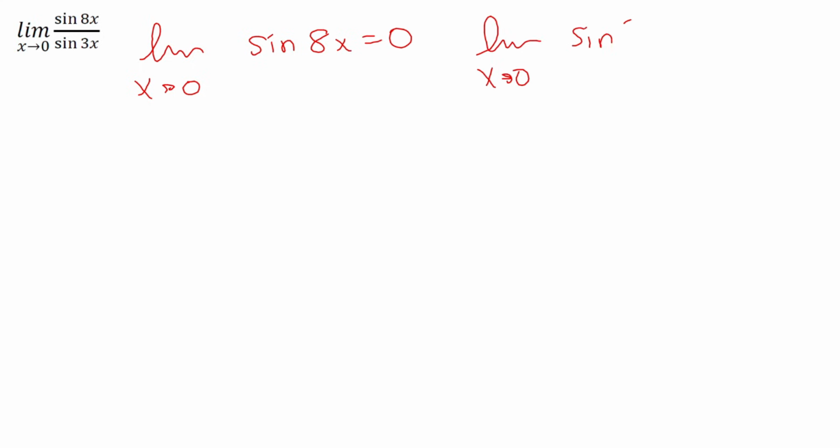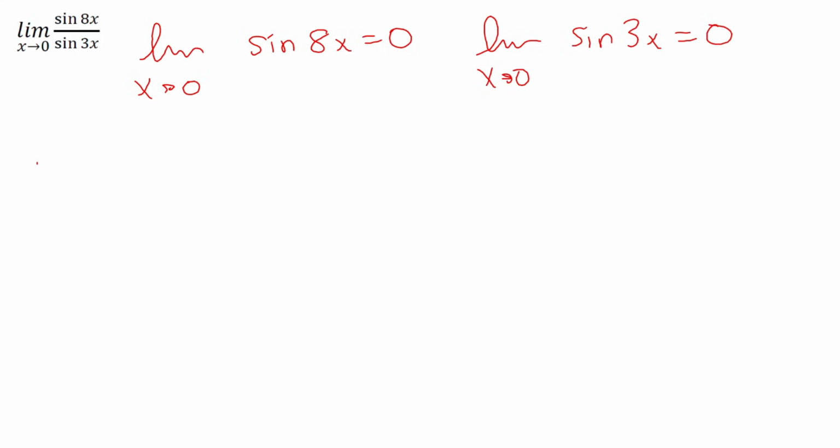For our next one here, we've again got 0 over 0. So we have two different ways to go about this one. I think we'll just go right ahead and use L'Hopital's rule here. So we can show that the limit as x approaches 0 of the sine of 8x is 0. And also that the limit as x approaches 0 of the sine of 3x is equal to 0.